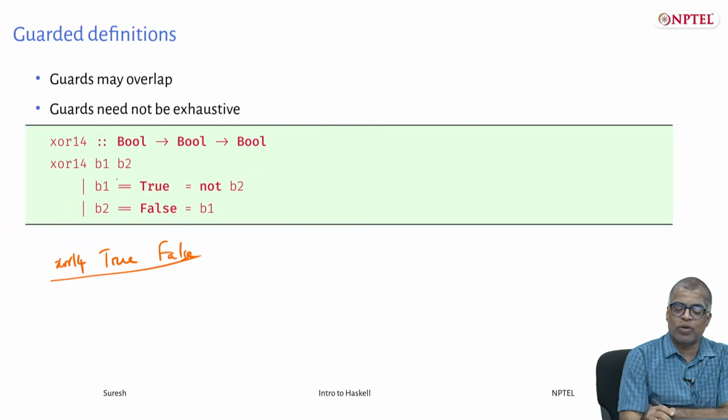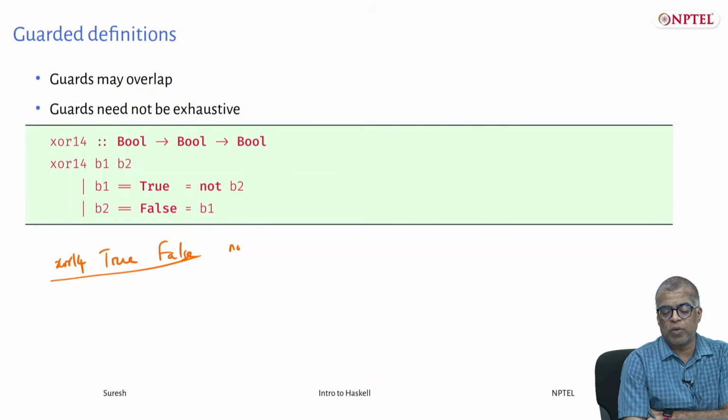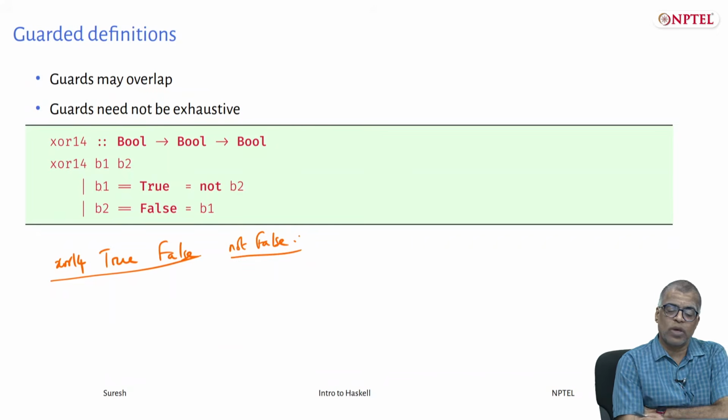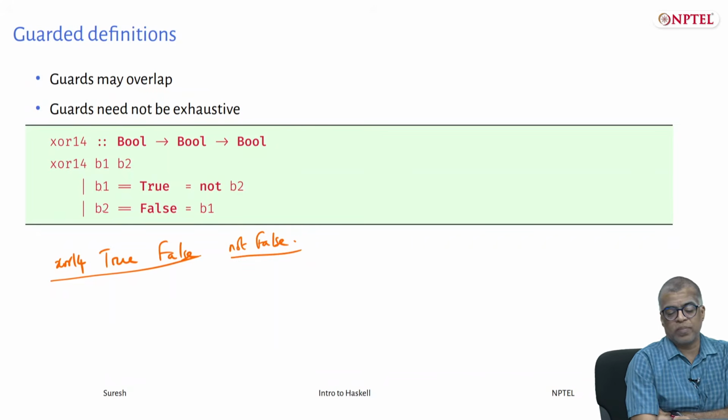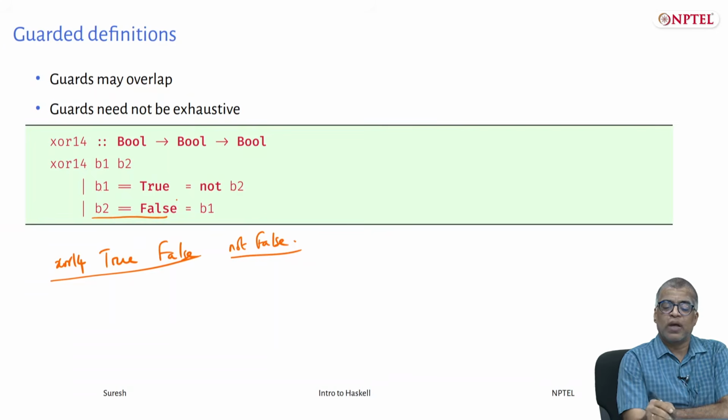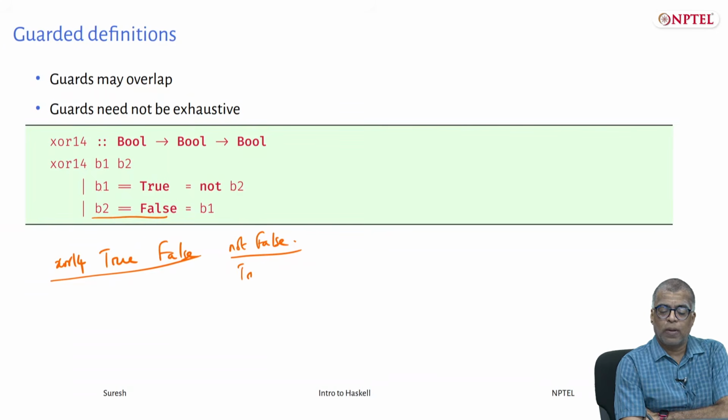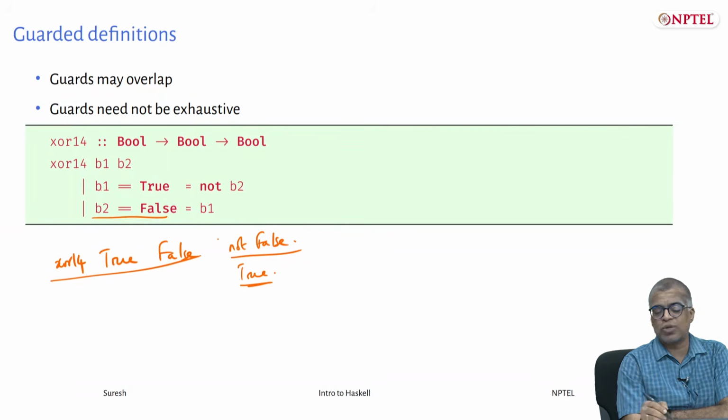But only the first one will fire, because the first guard that is made true by the arguments will be the definition that will be taken. So in this case it will be not B2, not false. If the second guarded definition were to fire, it would say just true, but thankfully in this case there is no difference, because true is the same as not false.